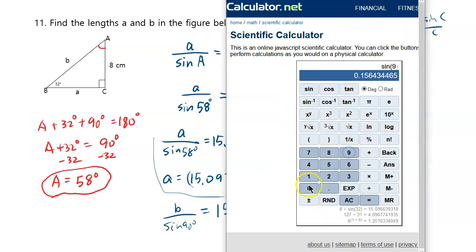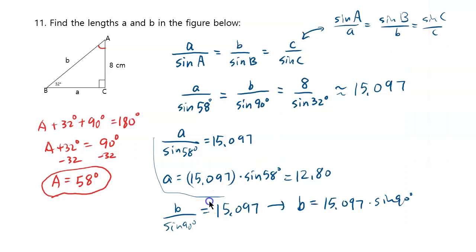Sine of 90 equals 1. Okay? So sine 90 is just 1. 1 times 15.097 is 15.097. Okay, well, the same thing as like 15.10, right? It's very close to 0.9 is the same thing as very close to 10, right? So that's what we see.